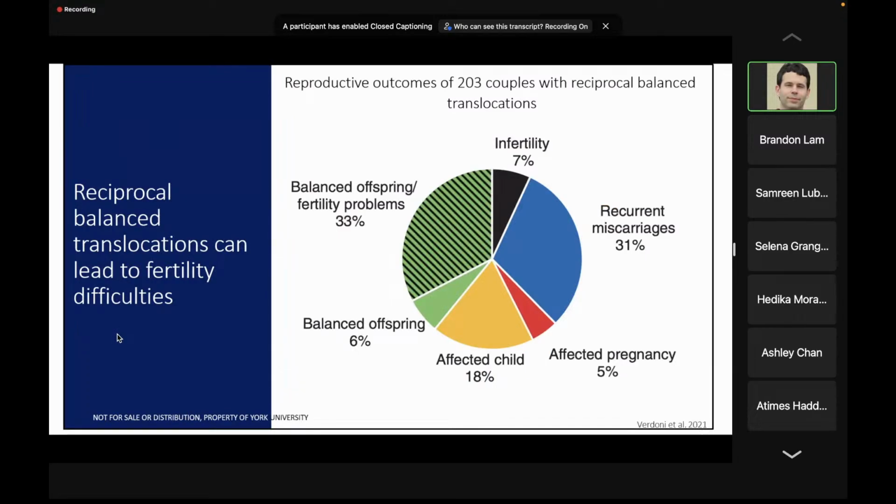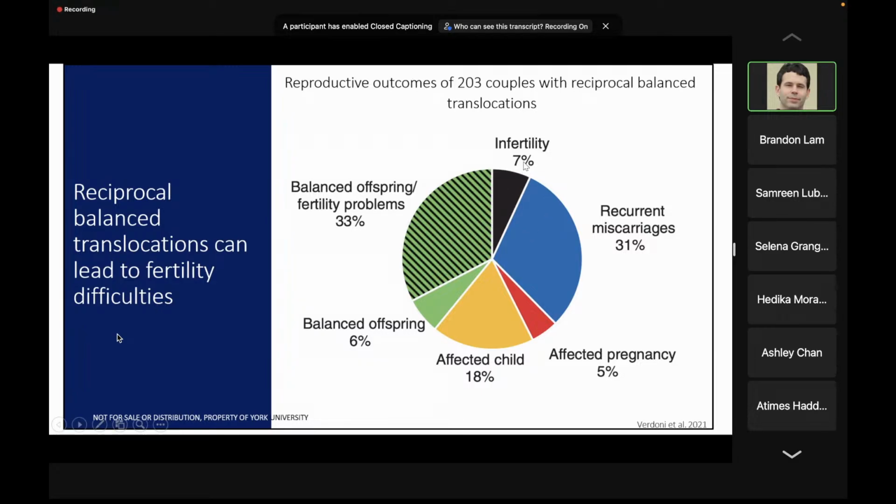In the last 10 minutes or so, let's go over some stuff that you covered today in the class materials, because it's going to be on the deep question, so I want to make sure you're getting it. Reciprocal balanced translocations, like what we're showing here, can often result in fertility difficulties.